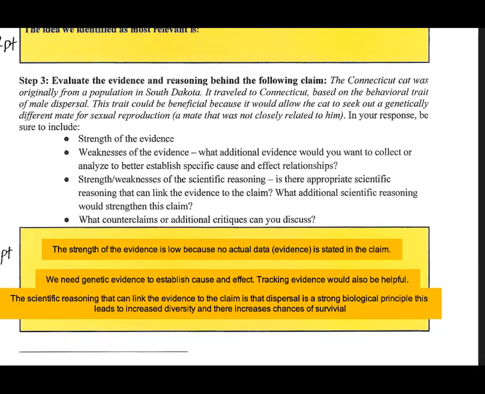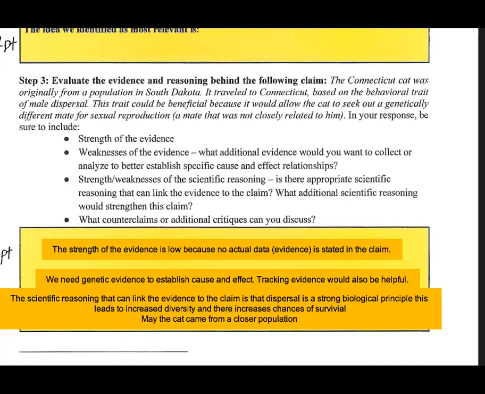So what counterclaims or additional critiques can you discuss? So a counterclaim might be that maybe the cat came from a closer population.